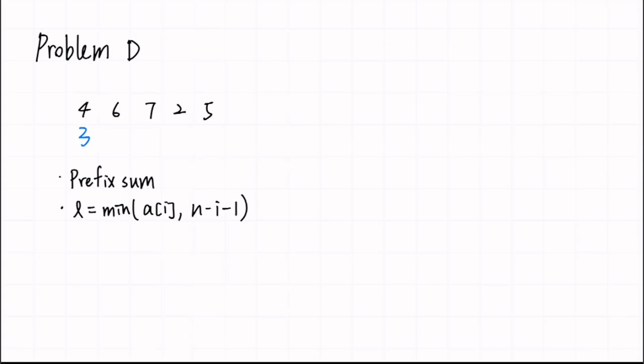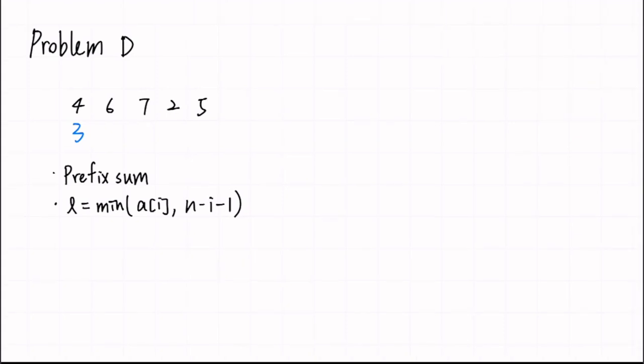So since we don't want to add the values for each of the aliens one by one, we can use a prefix sum. And the range that each alien will be able to give stones to is the minimum of the number of stones that they have and the number of aliens that come after them.